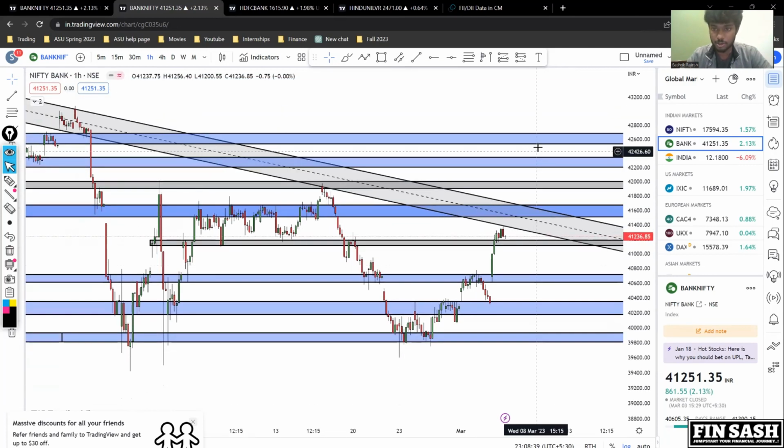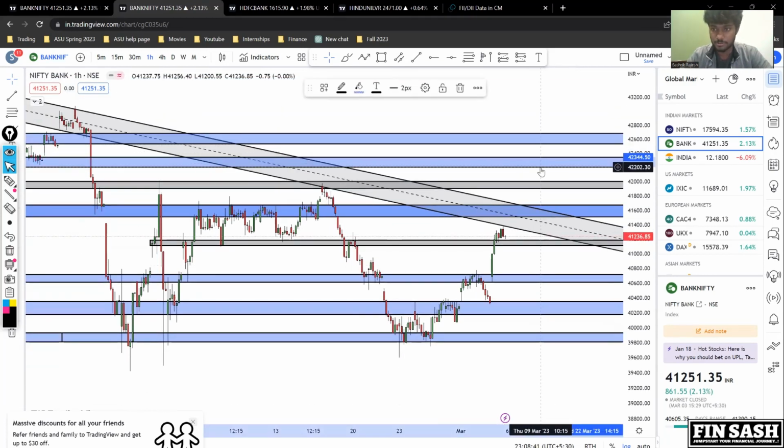So you guys can copy the levels really quick. And the blue boxes are the main support and resistance zones, and the gray boxes are maybe for a retest or just some levels on the 15-minute time frame.